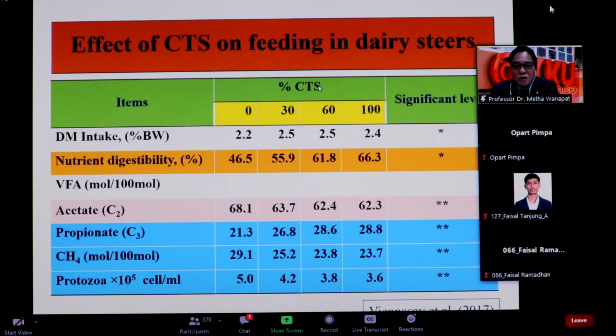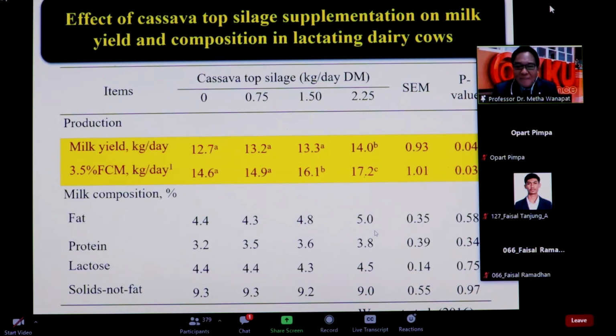By use of the cassava top silage here in various forms, in various ratios, you can see that they could significantly improve the intake and the fermentation products, especially the propionic acid. Okay.